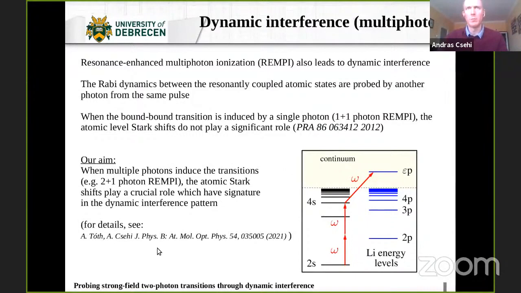Everything I'm talking about today can be found in this recently published paper. As I said, we want to focus on the 2+1 photon Rampey. Namely, we induce a 2-photon Rabi dynamics between two bound states of the lithium atom in this case, and probe this dynamics with a third photon that leads to ionization.